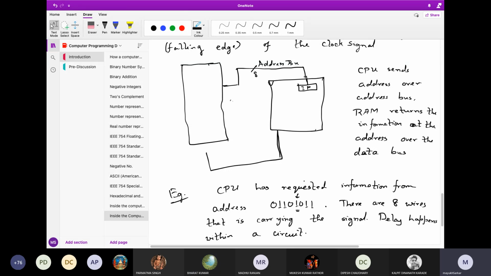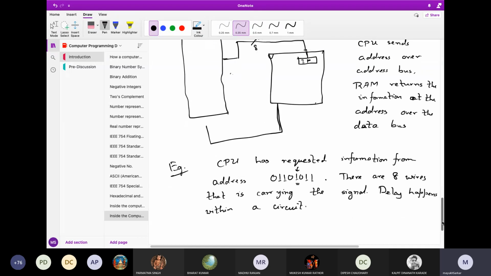Make some loop within the circuit, or put some device that leaves the signal unchanged while operating, and a delay will happen. Okay, sir, so it can be made intentionally as well, but generally it happens automatically.